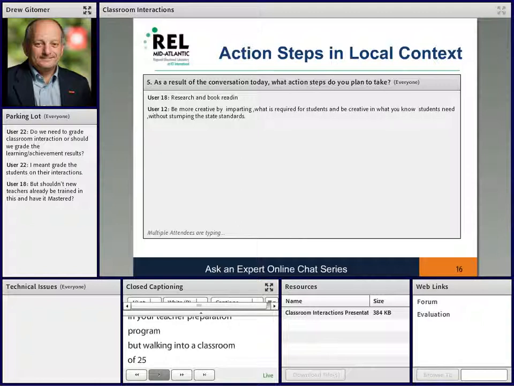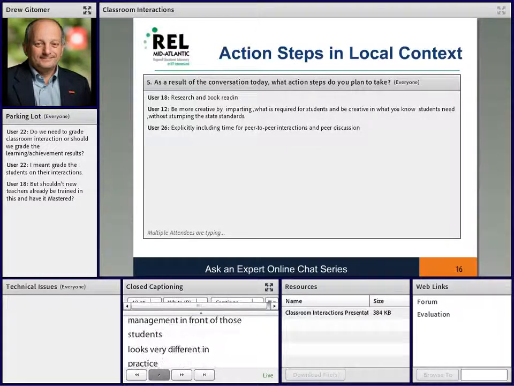Exhibiting quality classroom management in front of those students looks very different in practice than it does in a theoretical setting.